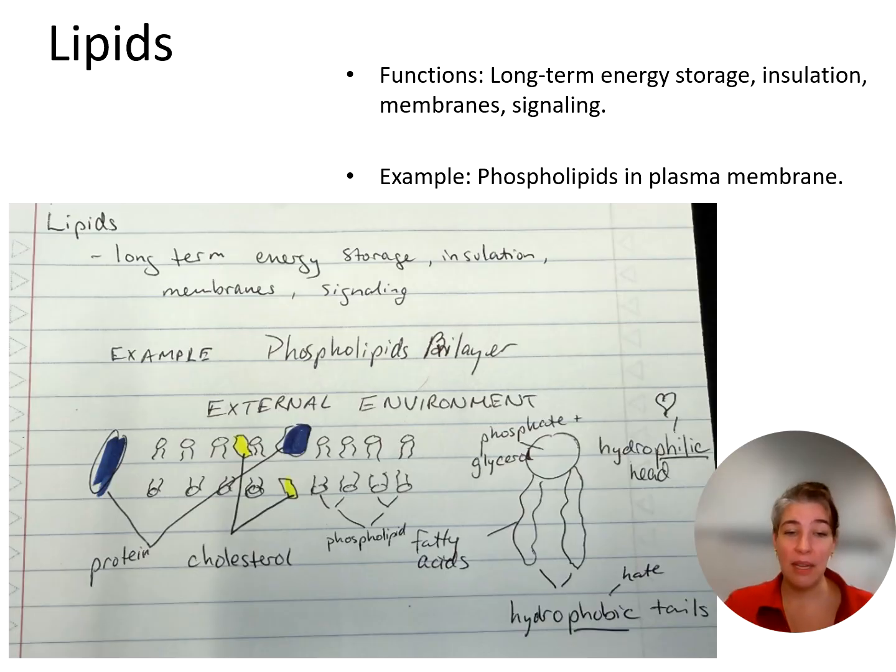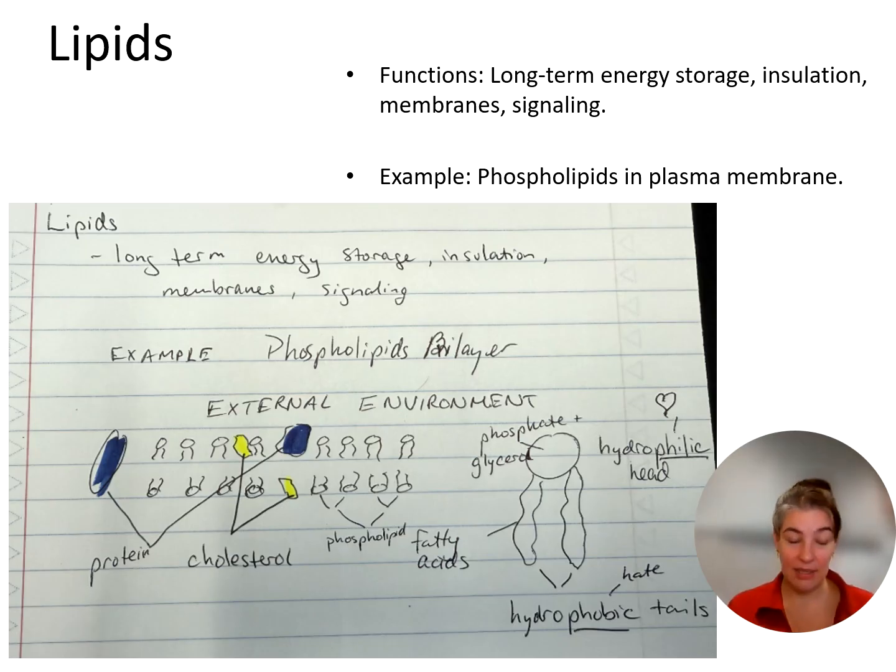Here we can see the area between the hydrophobic tails is that core.